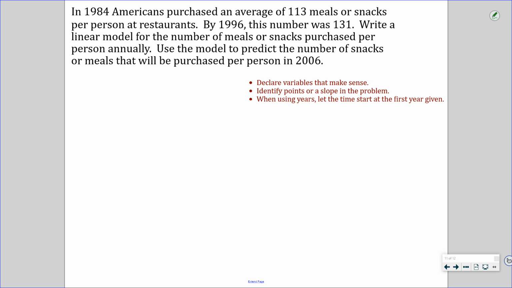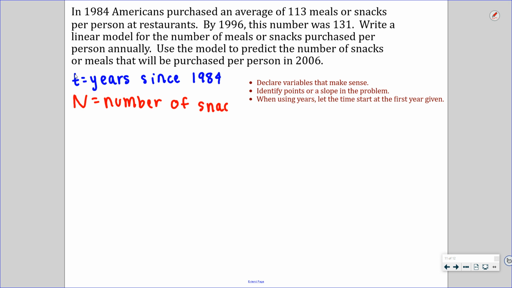So we're just going to let T represent our years since 1984. Okay. I'm going to use a capital N. So I'm declaring my variables here to represent the number of snacks or meals purchased per person.